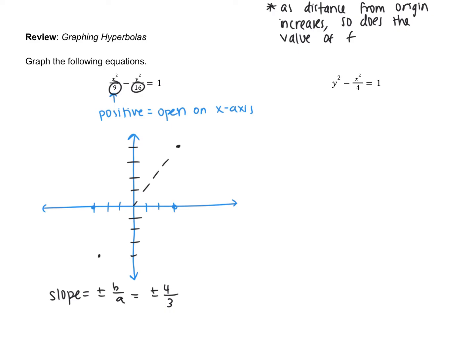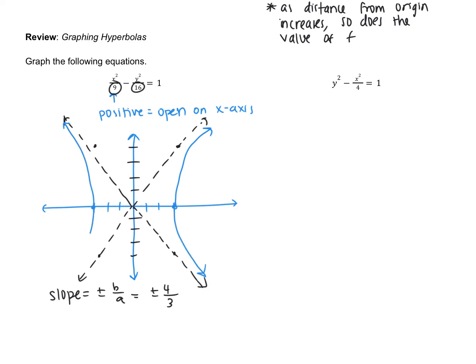And by slope, I mean the slope of the asymptotes. Sorry, I know this is not super accurate. So then, lastly, to finish out this hyperbola, go from those 2 points that we have, and you're going to follow along these asymptotes.